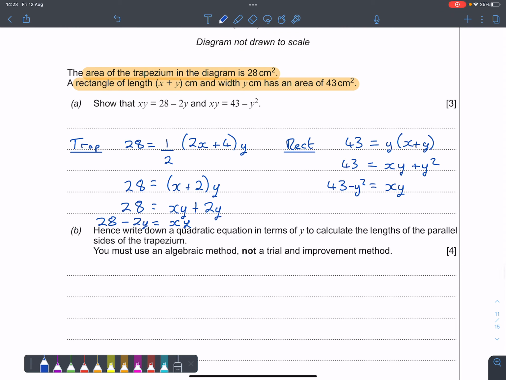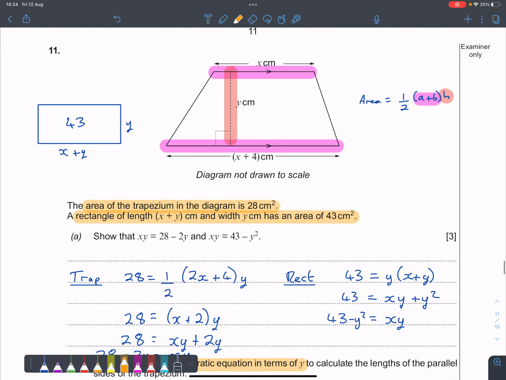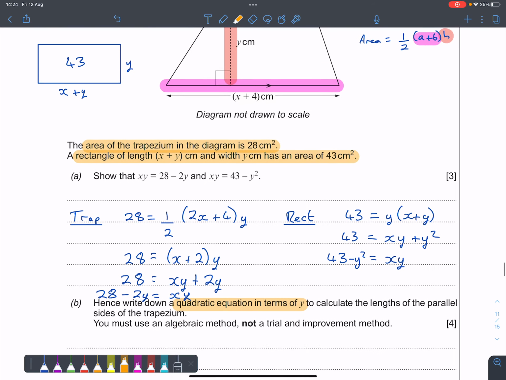Okay, part B. Hence, write down a quadratic equation in terms of y. When it says in terms of y, that means I don't want any x's involved in there at all. To calculate the lengths of the parallel sides of the trapezium, you must use an algebraic method, not a trial and improvement method. So the lengths of the parallel sides of the trapezium are x and x plus 4.